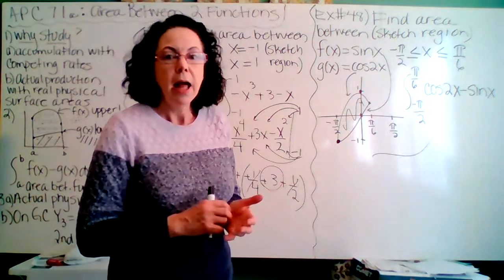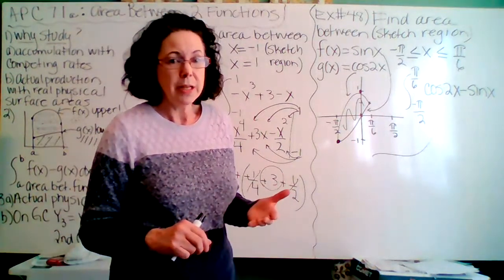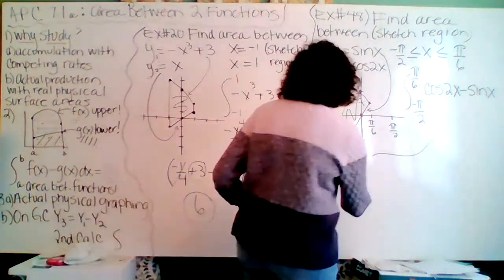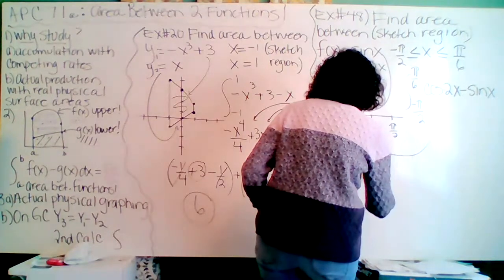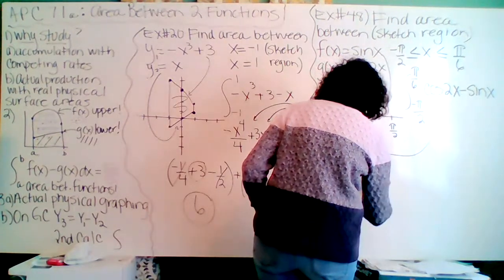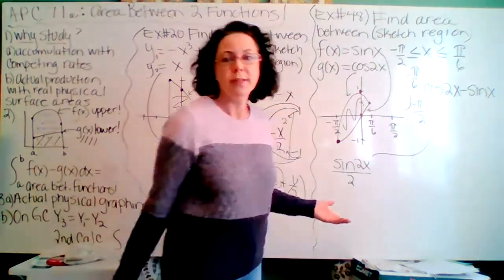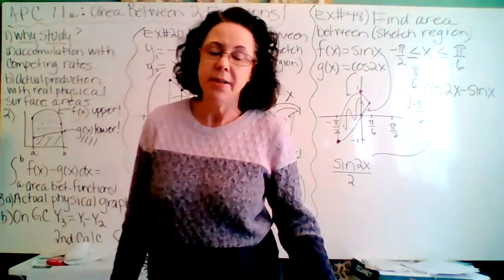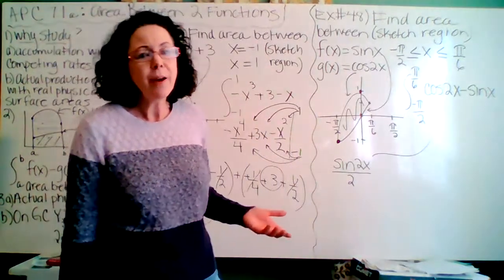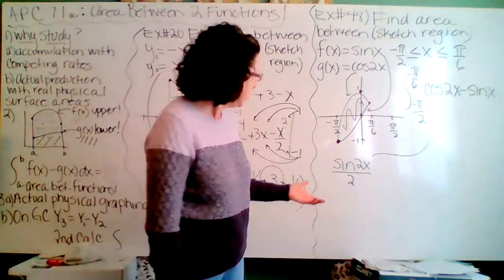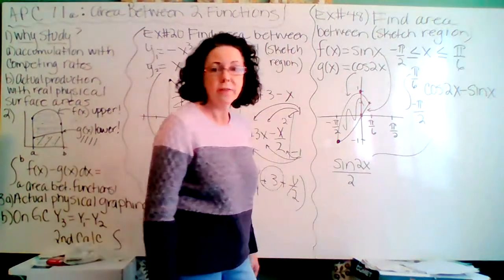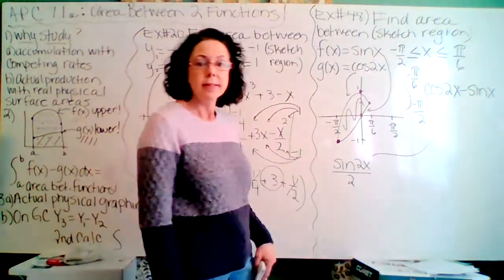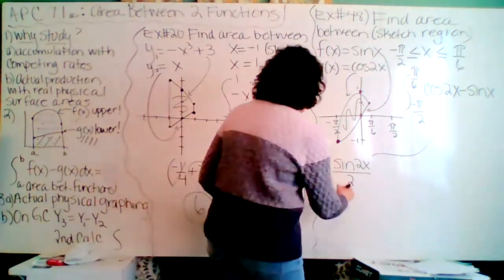So first of all, I believe the integration of cosine of anything is sine of anything. So sine of 2x. I believe that my two choices in dealing with this 2 by the chain rule is to multiply by 2 or divide by 2. So you can't really go wrong by checking it. I believe that the integration of cosine of 2x is sine of 2x over 2. Let's just check.